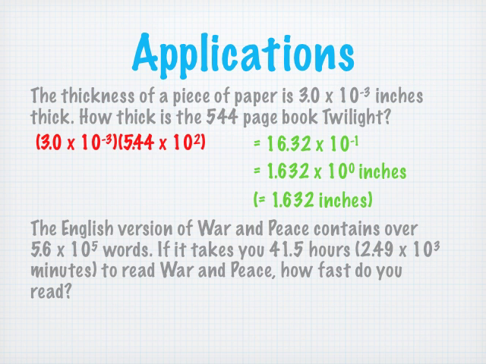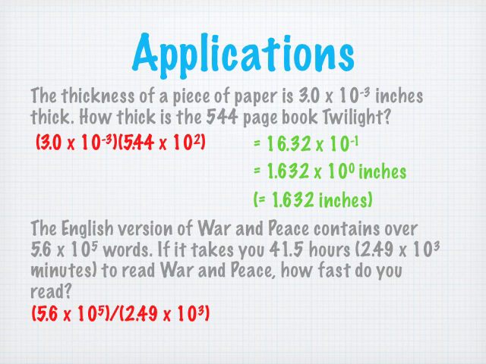The English version of War and Peace contains over that many words. If it takes you that many hours, which is that many minutes to read, how fast do you read? Now remember, when you've got these problems, it's quite often easiest to think of what the units of your answer will be, and that will tell you what you want to do. My reading speed is usually measured in words per minute. So I'm going to take the number of words divided by the number of minutes.